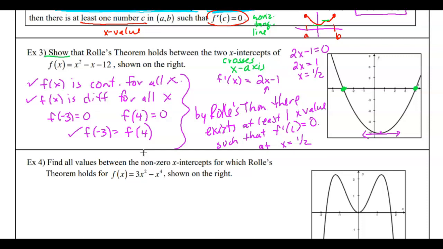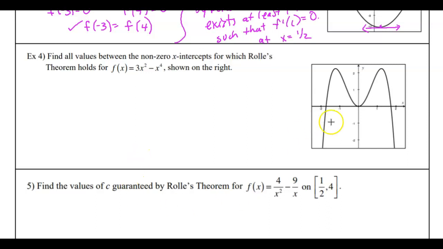All right, let's try another one. Sometimes they give you a picture, sometimes they don't. So find all values between the non-zero x-intercepts for which Rolle's theorem holds. Okay, so we don't want, so don't use these because it says non, oh, sorry.